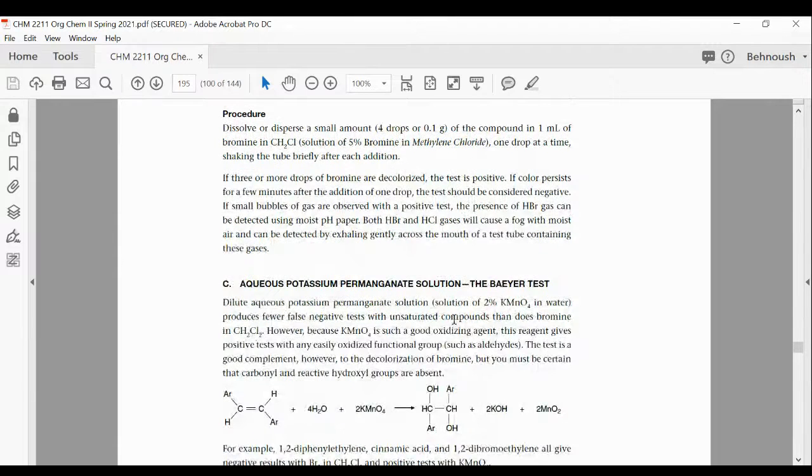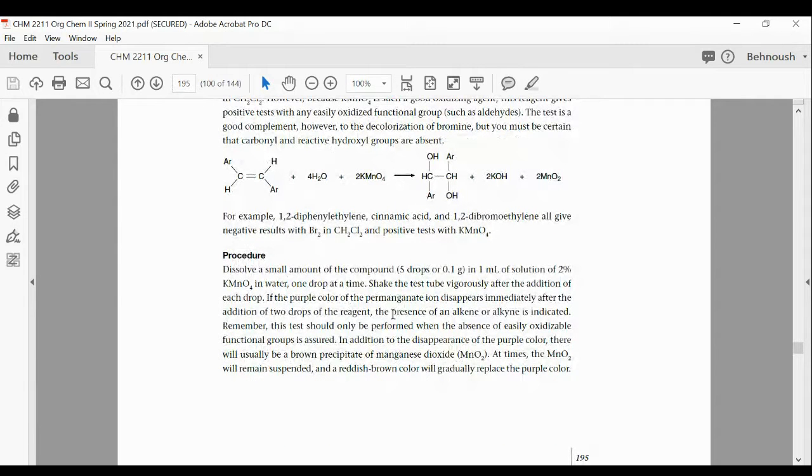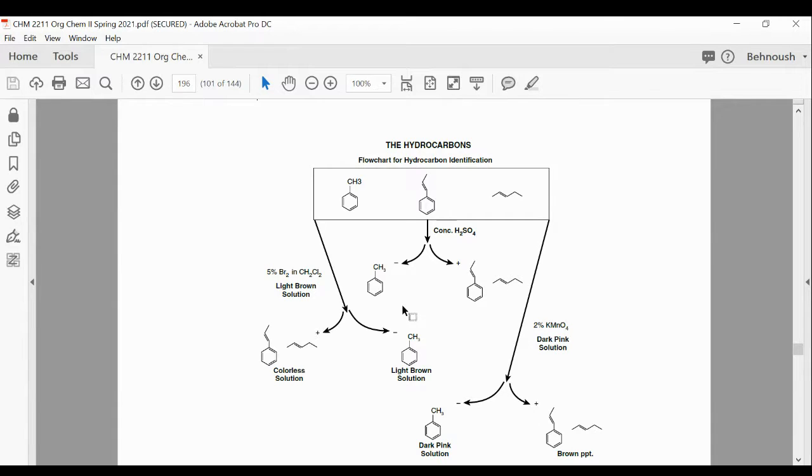For the next one, potassium permanganate, you have the reaction, the theory, then the procedure. But for all of these, you had that one table that could contain the data for all of them. You could have 3 or 4 tables, or one table that summarizes it, it's okay.